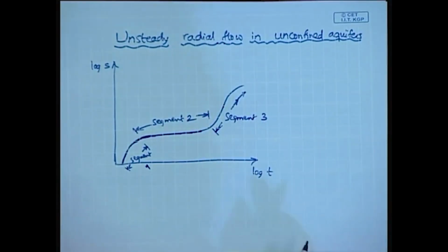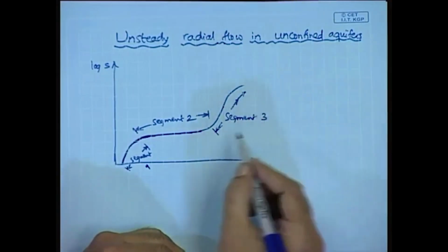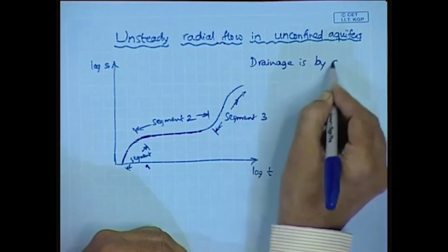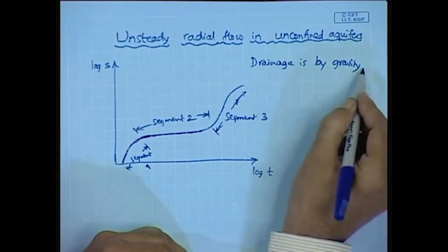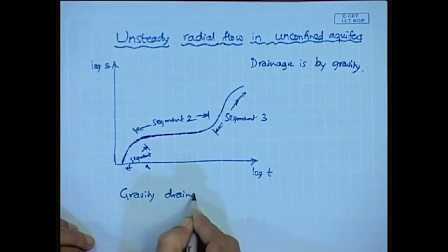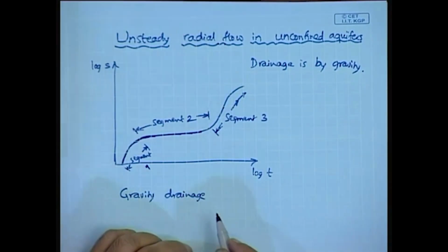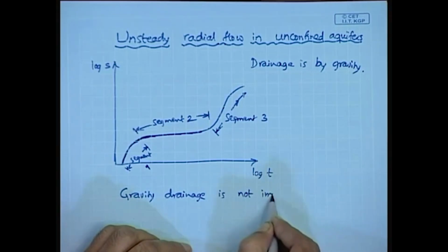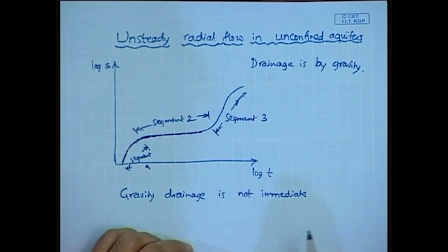Here what happens is, the gravity drainage, and obviously in unconfined aquifers the drainage is by gravity, and this gravity drainage is not immediate, and obviously that is why it constitutes an unsteady flow condition.